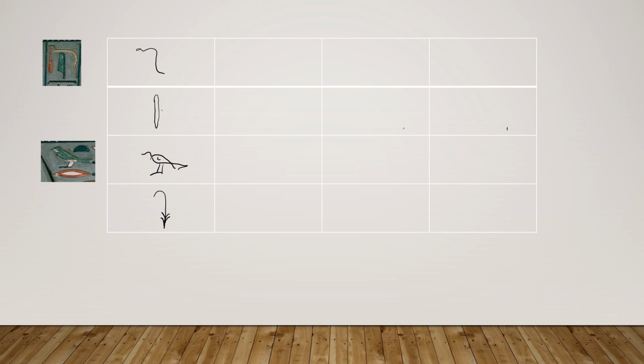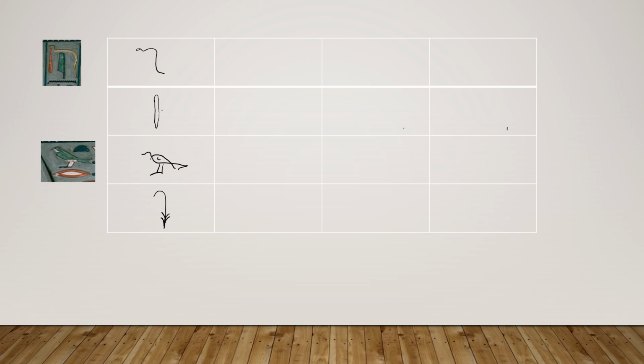Okay, so here we have the cobra, which is transliterated with the letters DJ. We have a symbol which is very similar to the symbol for Mdw, which looks like a club, but this is transliterated with the letter T. And then we have a bird. I forgot the specific name of this bird, but it is transliterated with the letters WR, and we can see the mouth below it, so we know that that R is a phonetic complement.